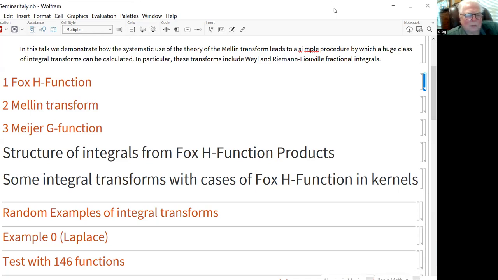And the main aim for me was to implement an algorithm for evaluating integrals, which in reality is based on the theory of Meijer and Fox H functions.